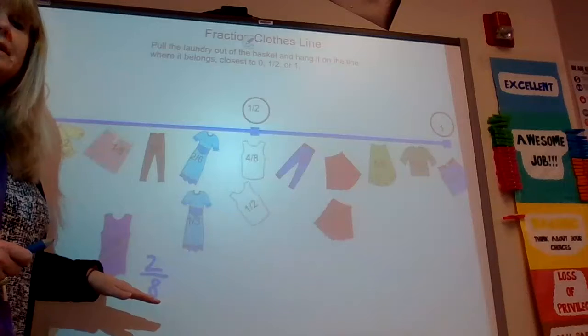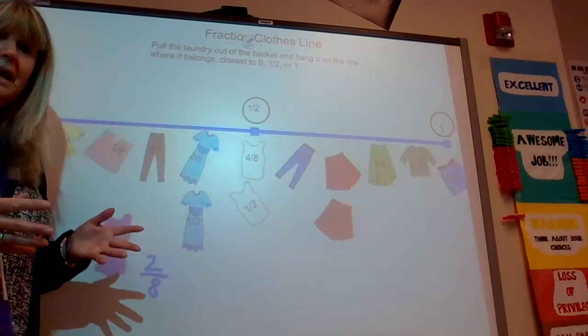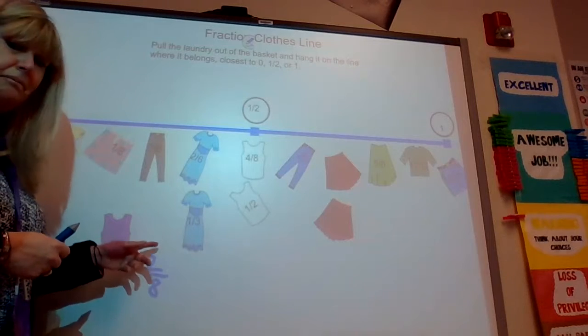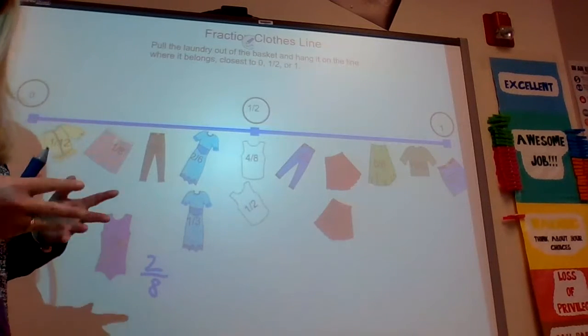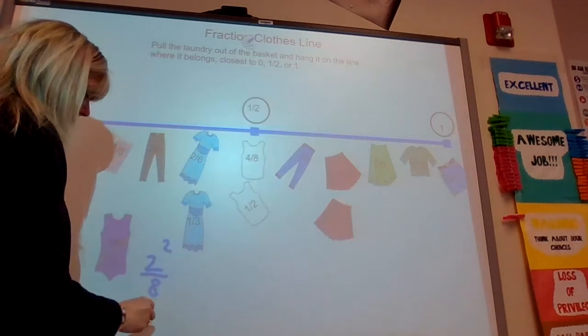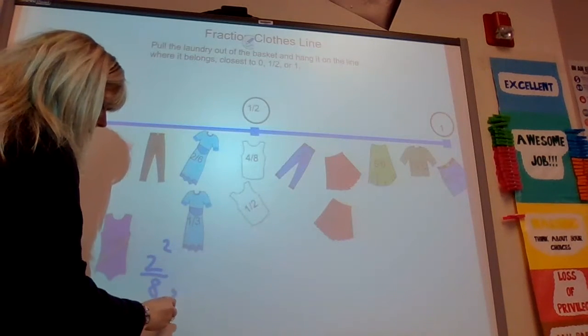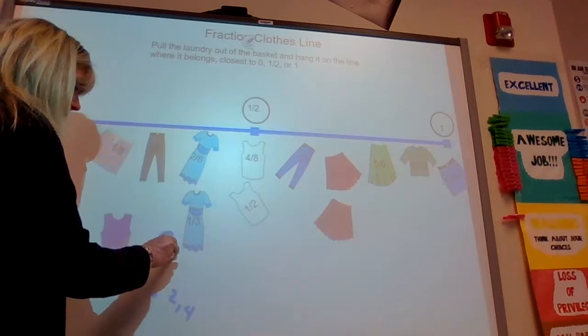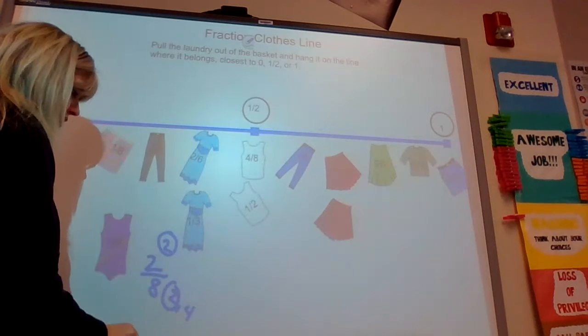If I'm reducing it down, remember, divide by the same number top and bottom. This is how we do it. The factors for 2 are 2. The factors for 8 are 2 and 4. So it looks like the common factor that they have is 2.